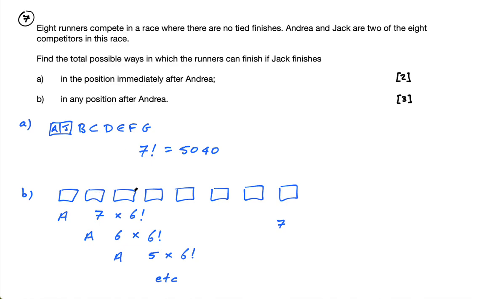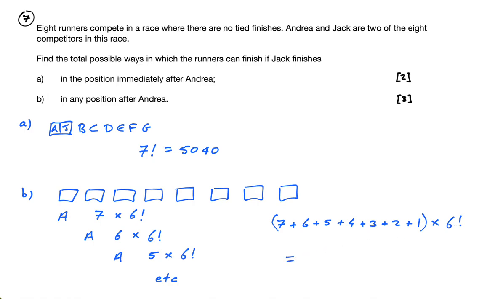If Andrea goes here, it's 6. If Andrea goes here, it's 5. If Andrea goes here, it's 4. If Andrea goes here, it's 3. If Andrea goes here, it's 2. And if Andrea goes here, it's 1. So it's this times 6 factorial.